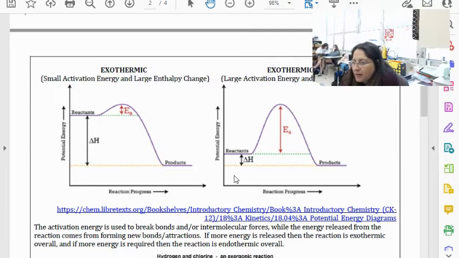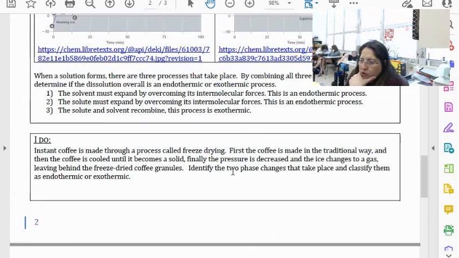And essentially what that activation energy is, it's breaking those bonds or the intermolecular forces that you need to be able to have that happen. So back here when we were talking about these, that's going to be the energy that you need to expand this solvent and this solute. How much energy do you need to overcome those intermolecular forces in order to get these things to combine?